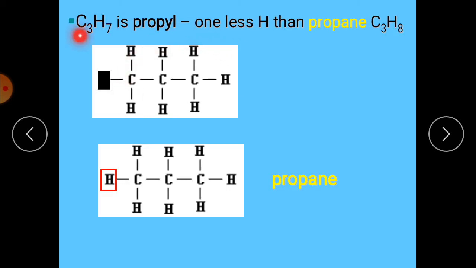Now it will be C3H7, and the name of the hydrocarbon will be propyl. You have to do up to 5 carbon atoms. So the rest of the 2 you have to do yourself, and you can read this topic in your book from page number 66 to 67.